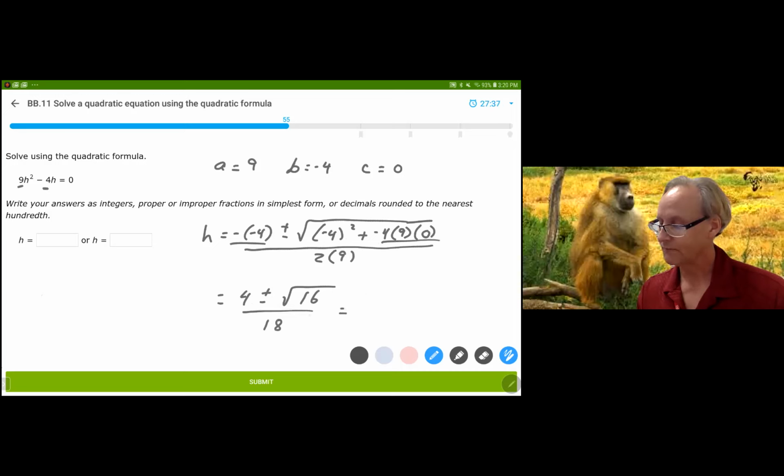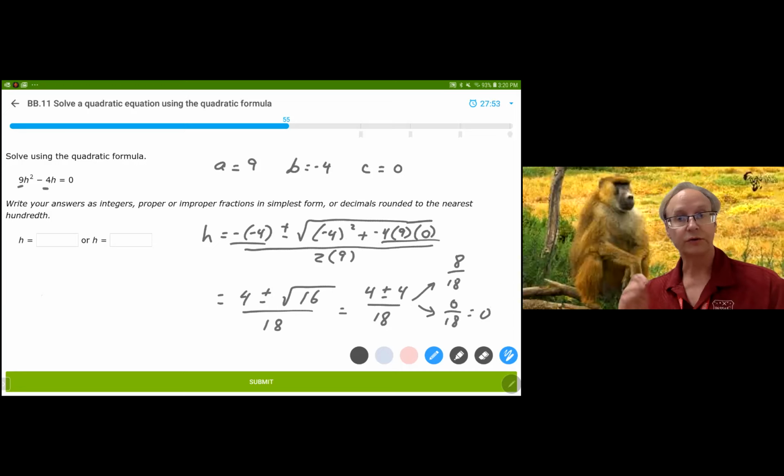And it looks like we have 4 plus or minus 4 over 18, sorry. And that is 8 over 18, or 0 over 18. Well, that's just 0. You can divide into 0. And this reduces to 4 over 9, doesn't it?